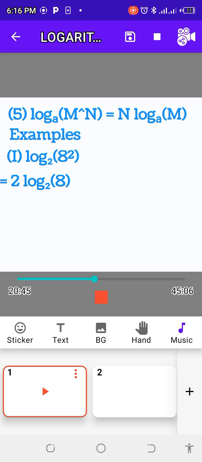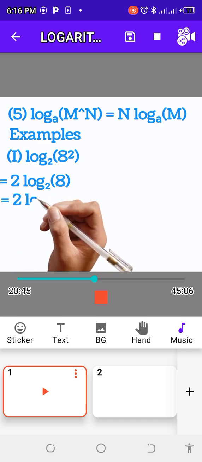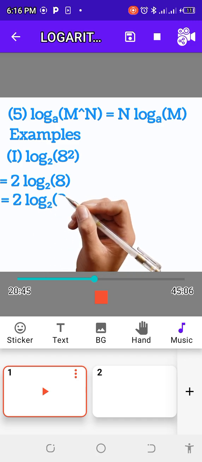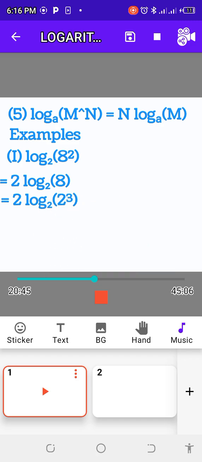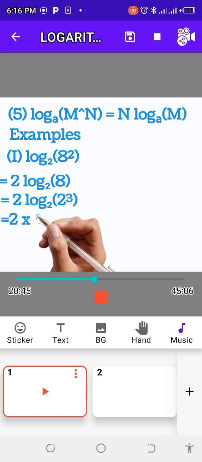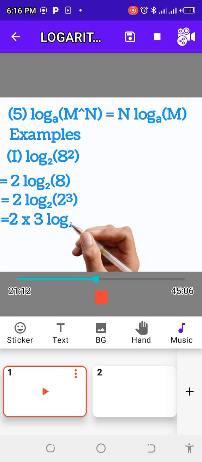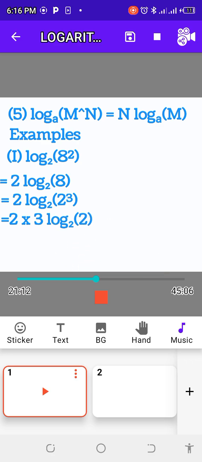And 2 log 8 base 2 is the same thing as 2 log 2 raised to the power 3 base 2. That means 2 times 3 log 2 base 2.